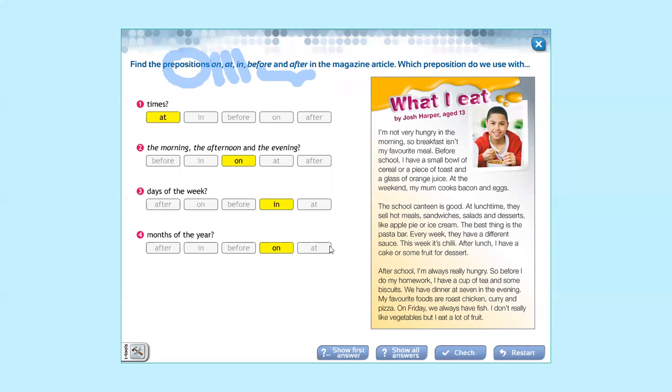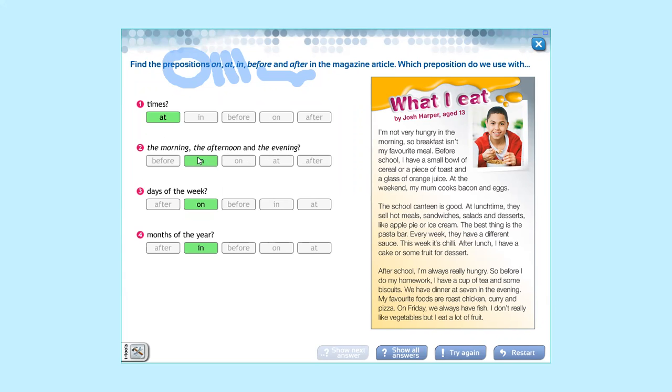Okay, so attention. Remember the position of the prepositions. Here we have 2 errors. Remember, when we talk about the time: at 4, at 3, at 2, in the morning, in the afternoon, in the evening. Sometimes we get confused with the use of this. I prefer to say morning in this case, and obviously we say at night.